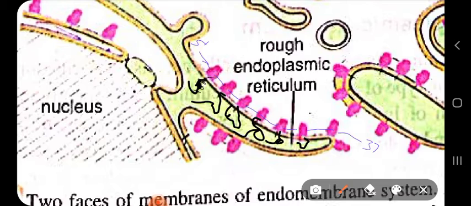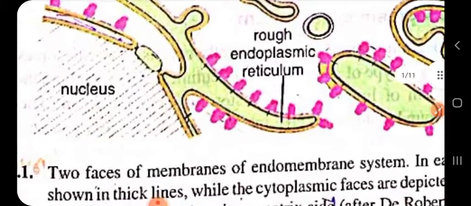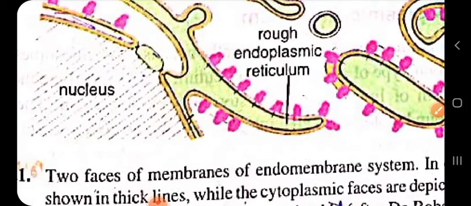Then they are packaged and further modified for their stability in their structure. Glycosylation occurs and different other events occur to maintain their structure, because these proteins are linear in structure, so they have to be folded into their secondary and tertiary conformation.